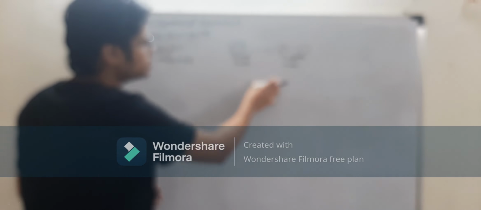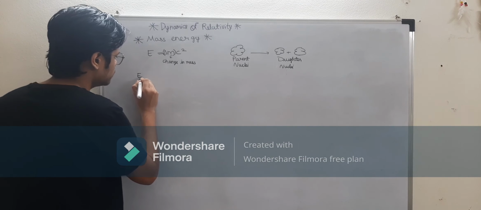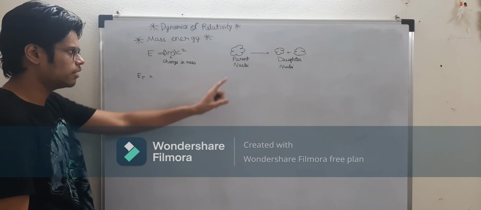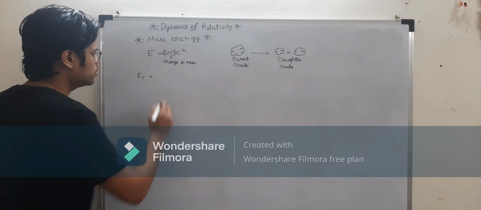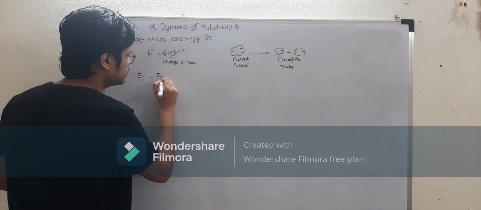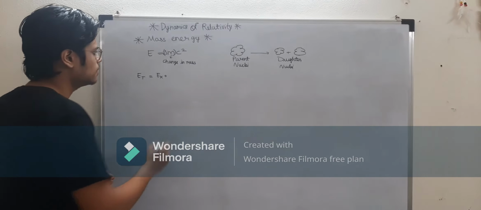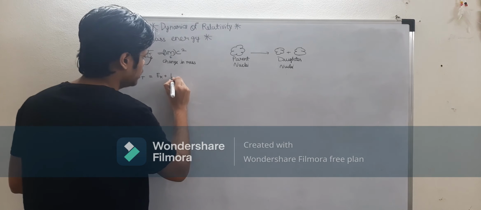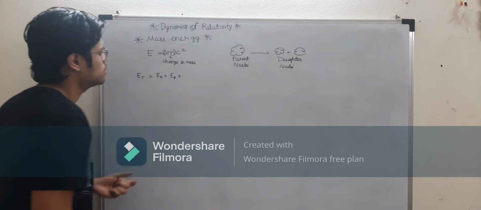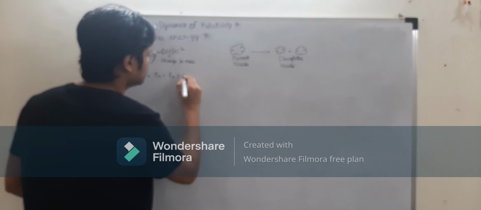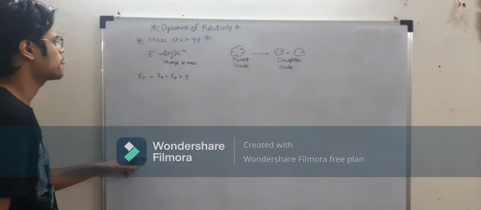Can I write the energy equation for this? I can write the total energy of the system. The total energy of this system will be the sum of its kinetic energies plus the sum of its potential energies plus the sum of its mass energies, because mass is also getting converted. Let me write it as E only.